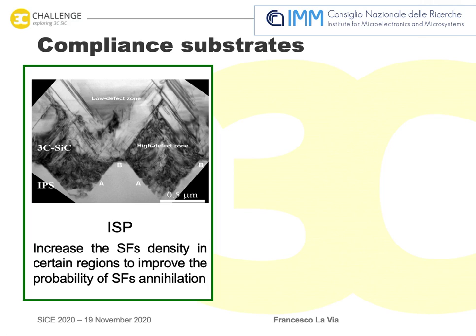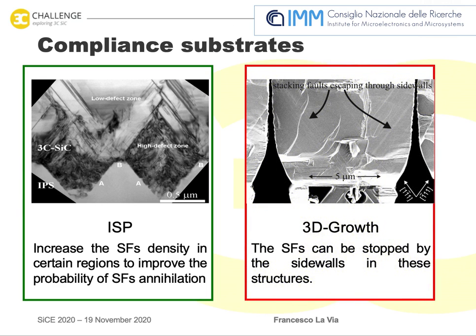Another compliant substrate uses the 3D growth on pillars to reduce both defects and stress. In fact, in this structure, the stacking faults can be stopped by the sidewalls. Furthermore, this structure can also reduce the stress through a bending of the pillars.